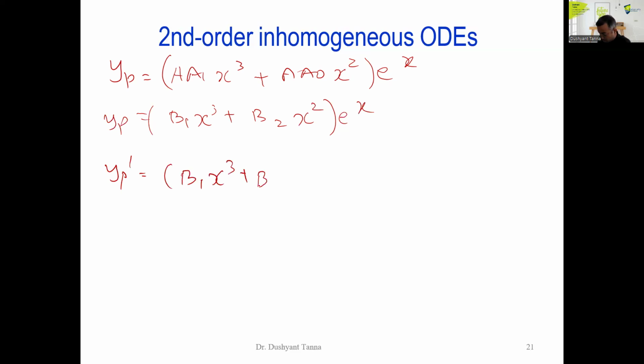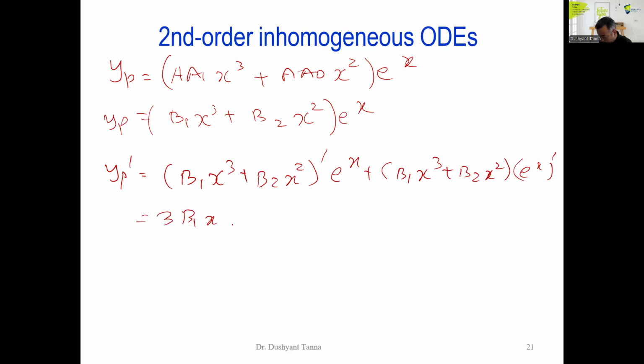B1x3, B2x squared dash, e raised to x as it is, and B1x3, B2x squared as it is, e power x dash. So 3b1x squared, 2b2x, e power x, and this one as it is, e power x.